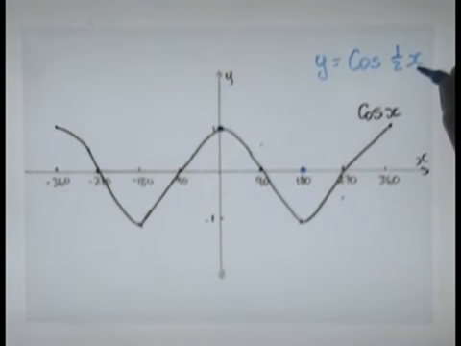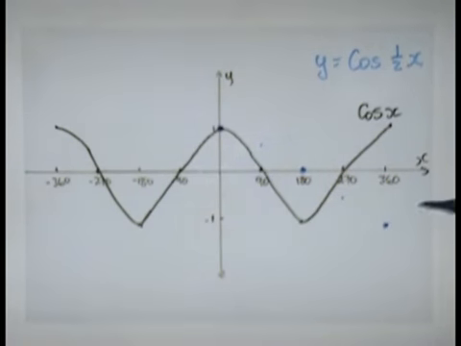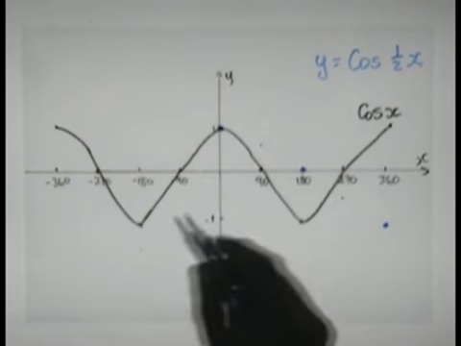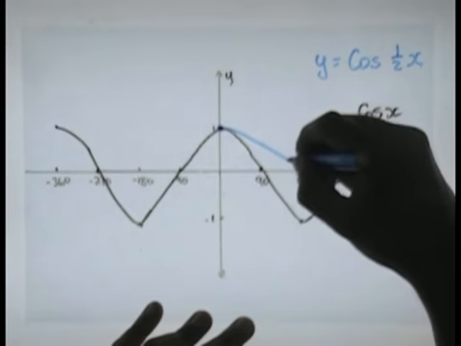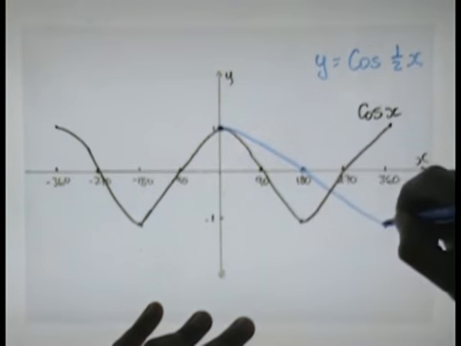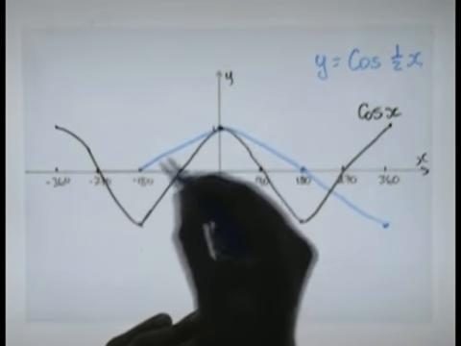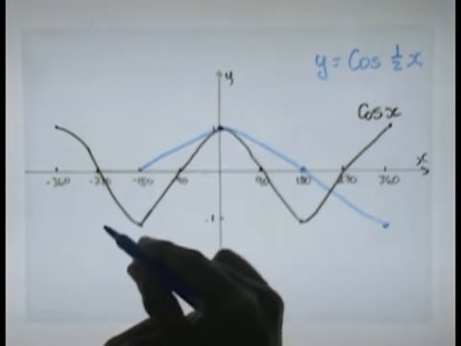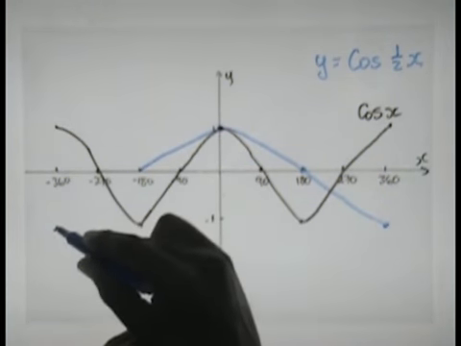And when x is equal to 360 degrees, it's going to be cos of a half of 360, which is the same as cos of 180, which is negative 1. The same thing will happen in the negative axis. Basically our graph is now going to look something like this. It's going to drop down at 0 at 180 and negative 1 at 360.